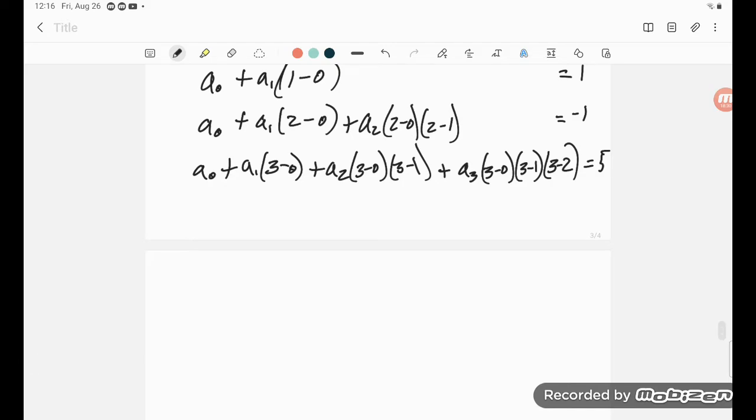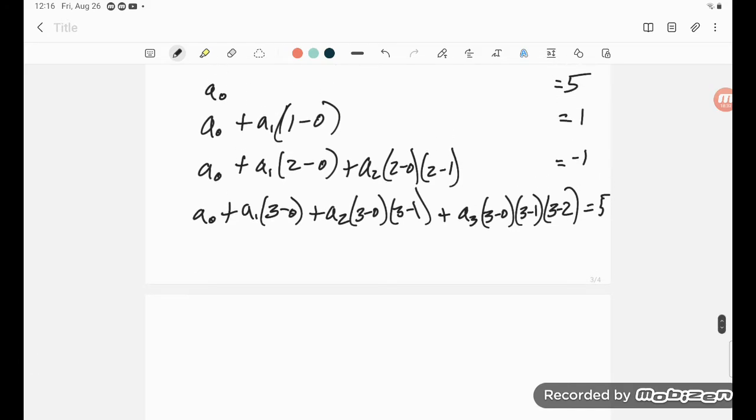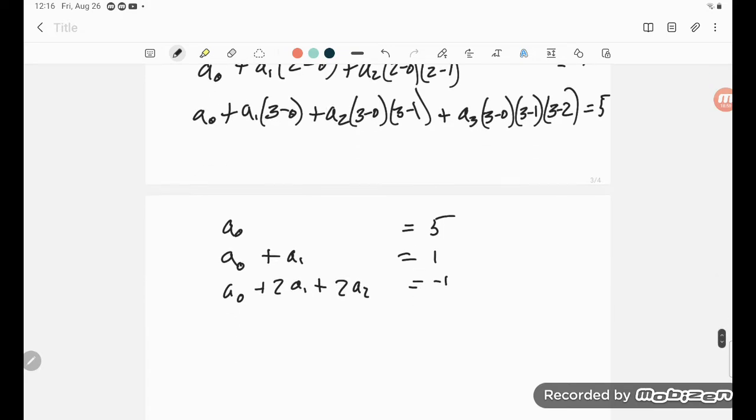And okay, so now simplifying the arithmetic, we get a0 equals 5. We get a0 plus a1 is equal to 1. a0 plus 2a1 plus 2a2 is equal to -1.